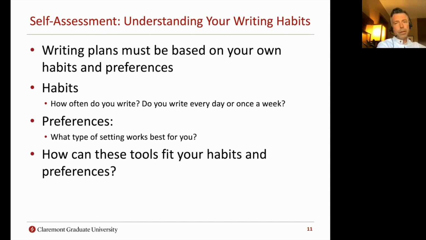So, take all of this with a grain of salt, really learn about yourself, see what works for you, and then build out a writing plan that fits into the demands of your life, of the courses you're taking, the assignments that you have, the products you have to produce, plus what you know about yourself and your own process.